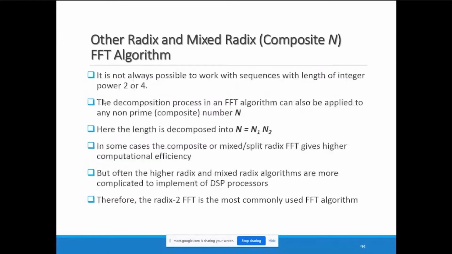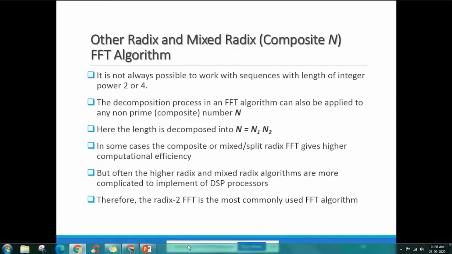It is not always possible to work with sequences with length of integer power of 2 or 4. So it may happen that sometimes the sequences we have taken are not of length an integer power of 2 or 4.